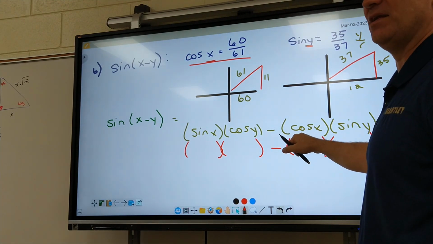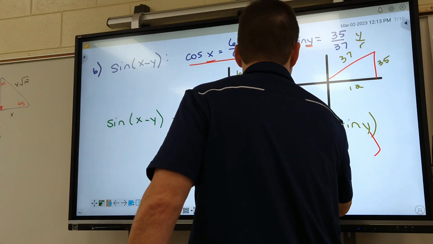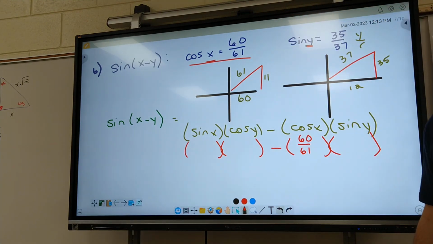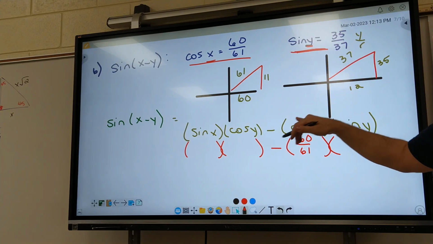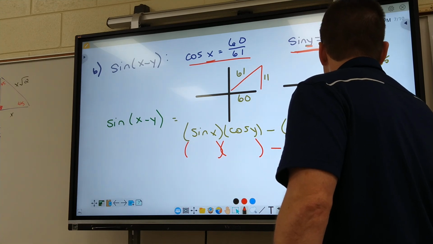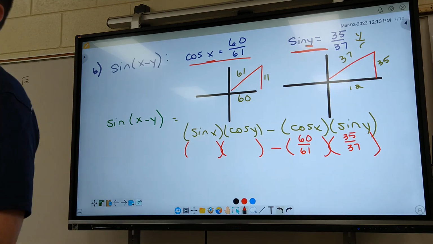I can go ahead and plug that in here, because it's for cosine x. Also, it's giving us this answer, sine of y. So right here, I can go ahead and plug in 35 over 37. That will save you some time if you'll go ahead and plug in the ones they are giving you.